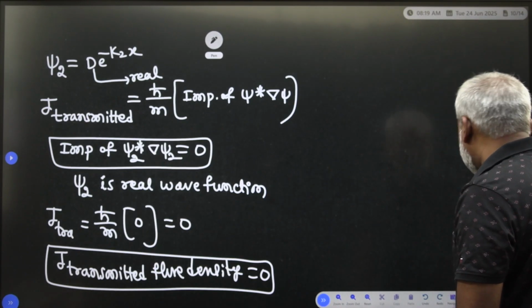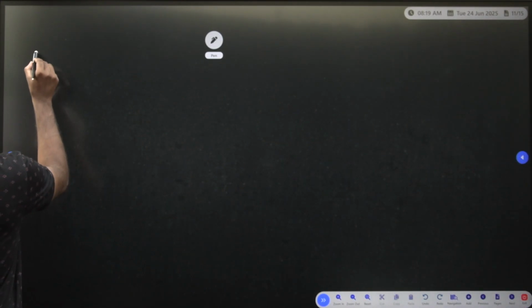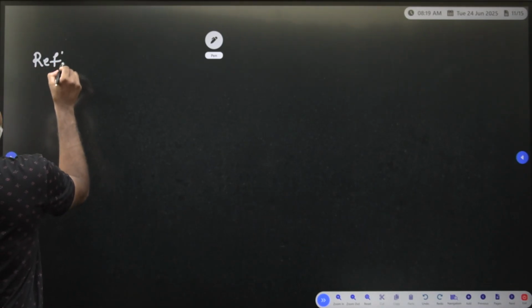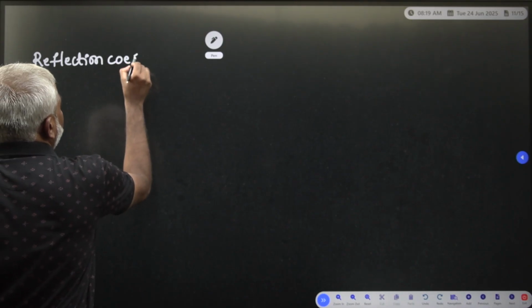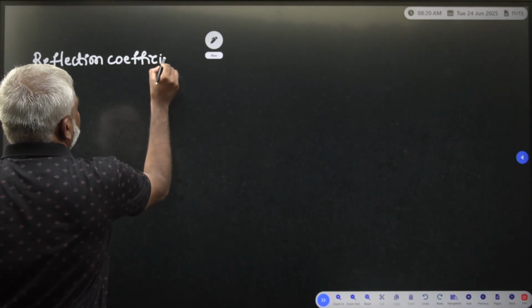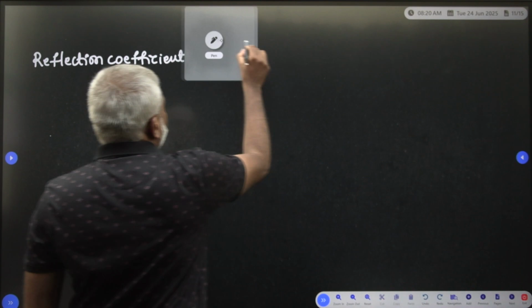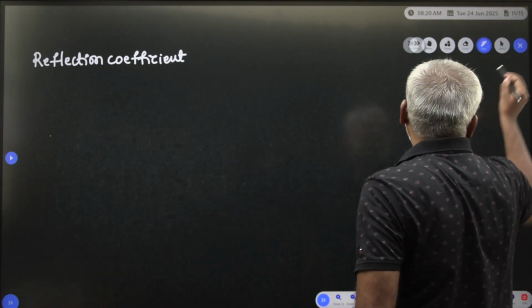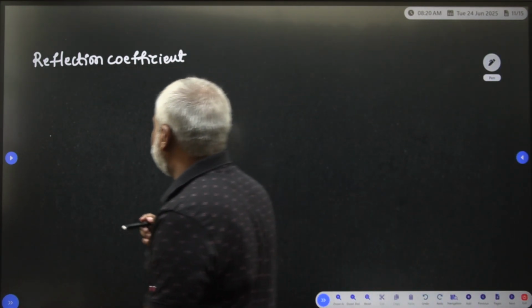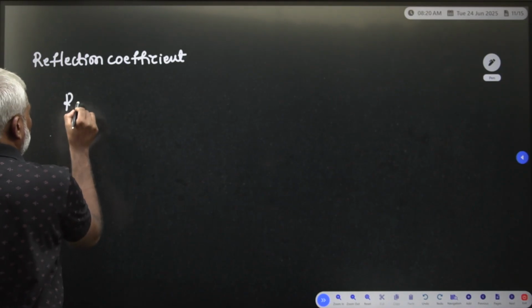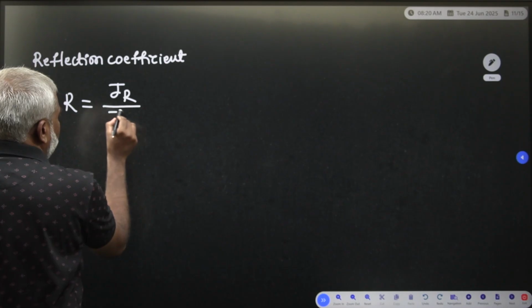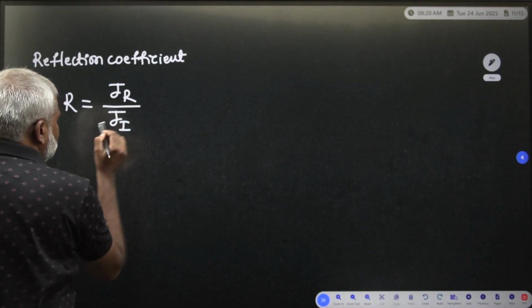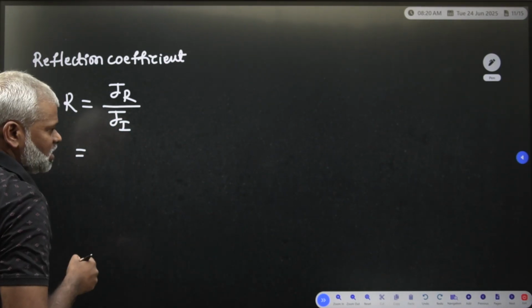How do we calculate the reflection coefficient? Our ultimate goal is to calculate the reflection coefficient. So what is the definition of the reflection coefficient? R is equal to the reflected flux density divided by the incident flux density.